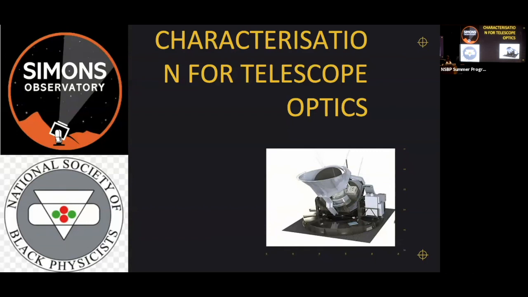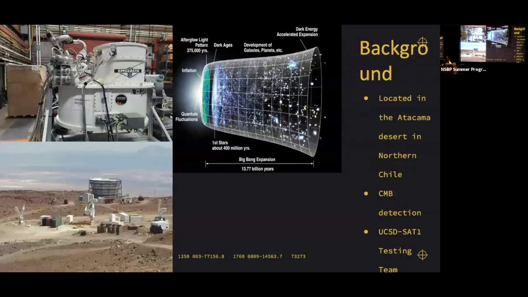So to start off, a little bit of background. The Simons Observatory has a telescope that is essentially designed to detect the CMB. And that's a nice little picture showing the timescale from the Big Bang and where inflation probably happened. So the light that we're detecting is the light that comes from that early stage of the universe.